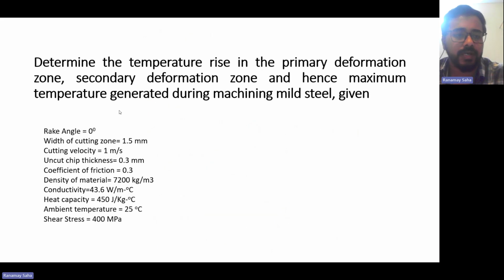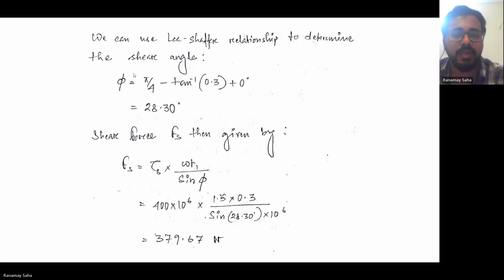In this question, you have the rake angle, but not the shear angle, and you can find that using Lee Schaeffer's principle. So phi is pi by 4 minus the friction angle, the tangent inverse of the friction coefficient 0.3, and the rake angle is 0. So the total shear angle is 28.30 degrees.